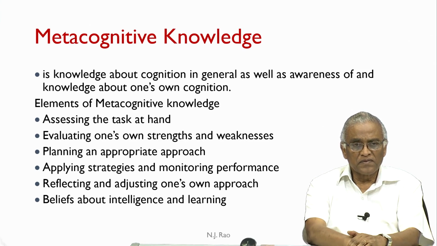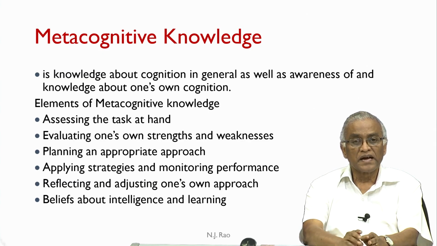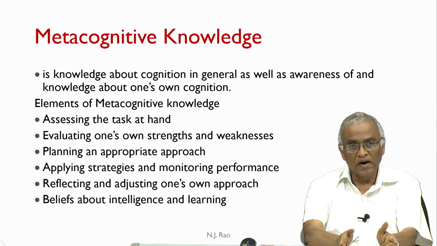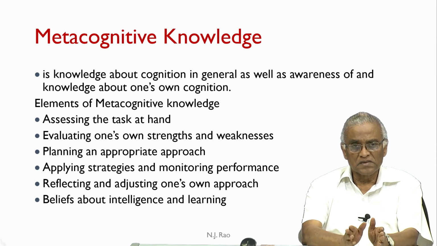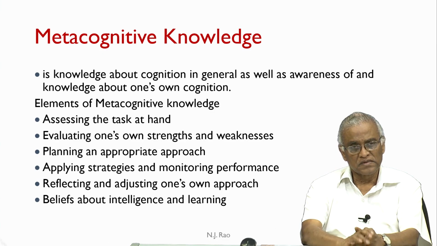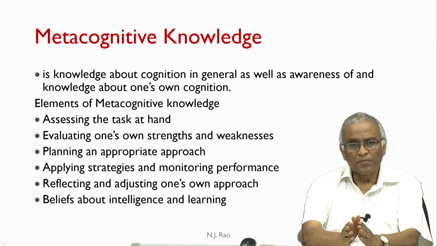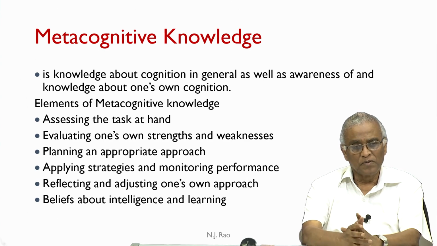Elements of metacognitive knowledge. For example, when a task is presented, assessing the task at hand. Not everyone can do it the same way or equally fast or exactly correctly. To that extent, metacognitive knowledge, that is the ability to assess a task at hand, evaluating one's own strengths or weaknesses, cognitive weaknesses, and planning an appropriate approach. How do I solve the problem?